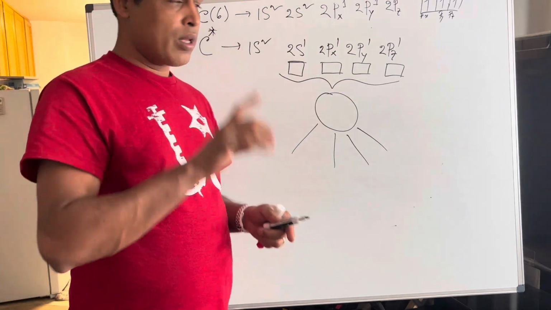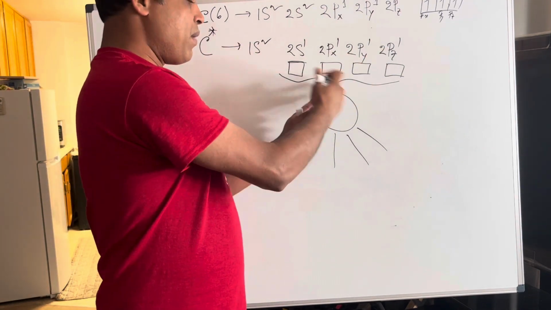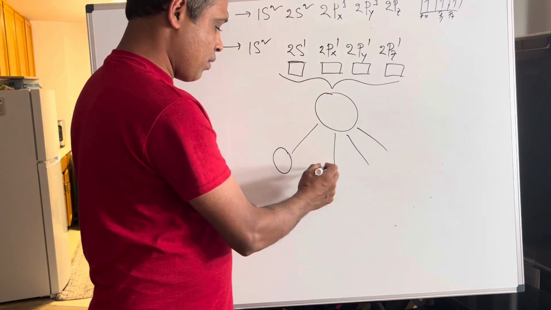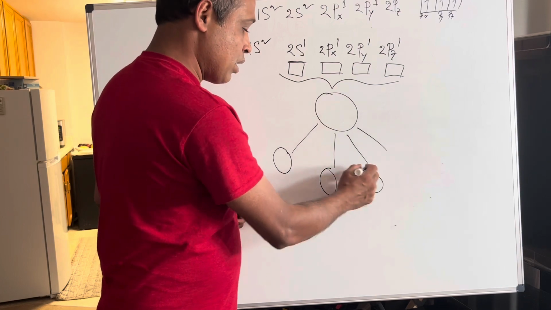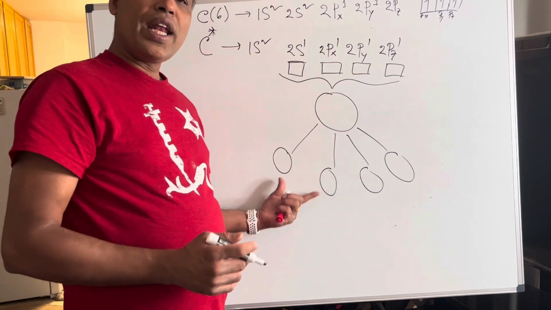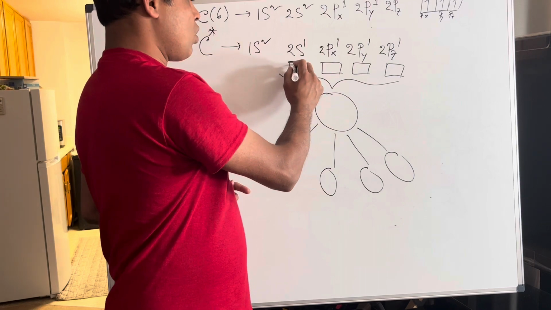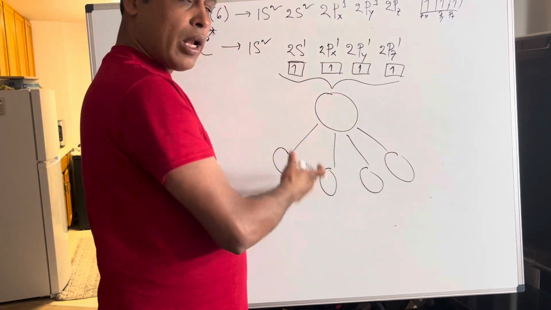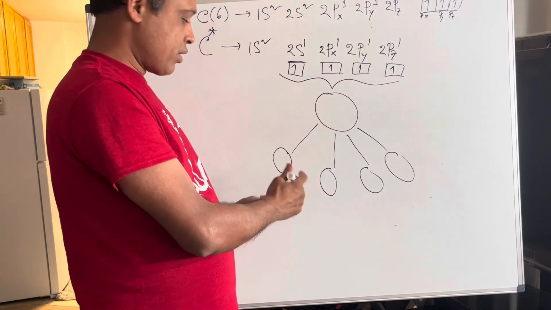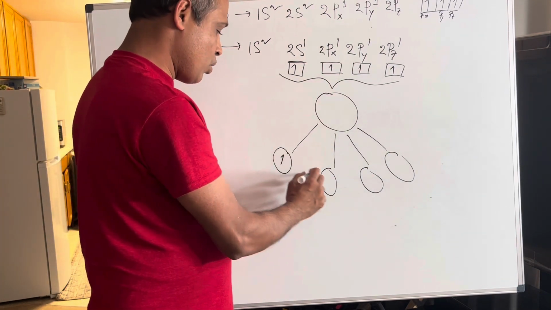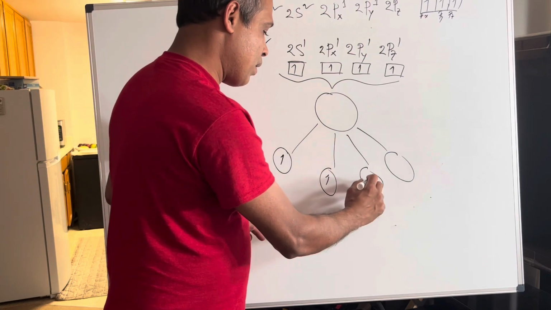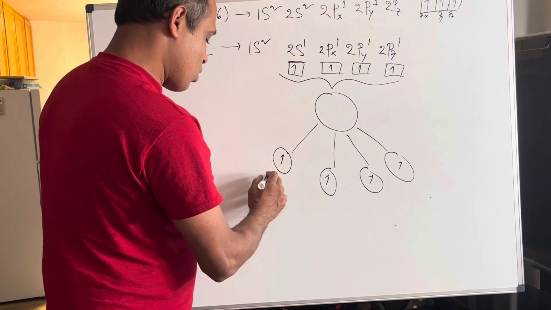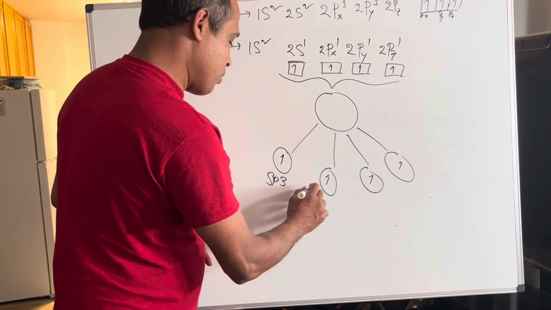Total 4. So those 4 orbitals mixed together give you 4 new orbitals of equal energy, and each orbital has 1 unpaired electron. All of those together are called sp3 orbitals.